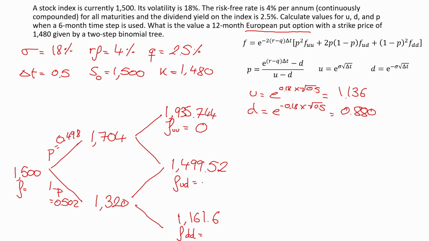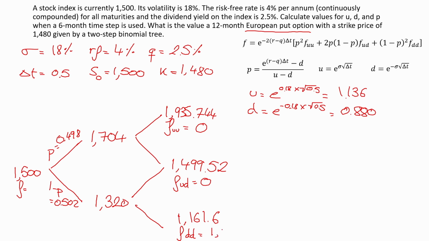What about FUD? Again, here the stock index price is 1,499, which is higher than the strike price, which means again, the investor is losing money. Therefore, the investor wouldn't exercise the option, so it's worthless. And finally, FDD, in this case, the investor is making money because the stock index value or price is lower than the strike price.